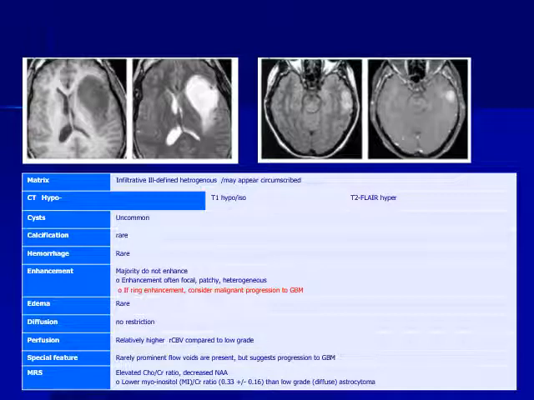Rarely do we see edema. The diffusion is not restricted. The perfusion is more hyperperfused compared to low grade. You can see prominent signal voids due to increased vascularity.